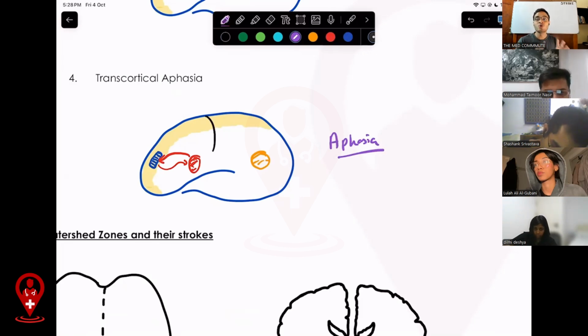Therefore, they do not have a problem with repetition. You tell them to say a word, you tell them to say a sentence, no ifs, ands, or buts, they can say it. No problem with repetition. Okay, right? So this is important. This is called transcortical aphasia, right?